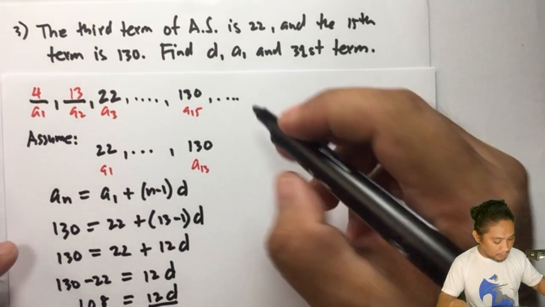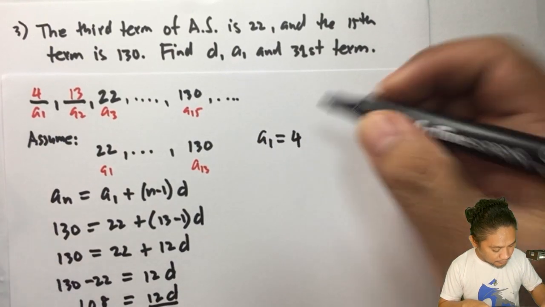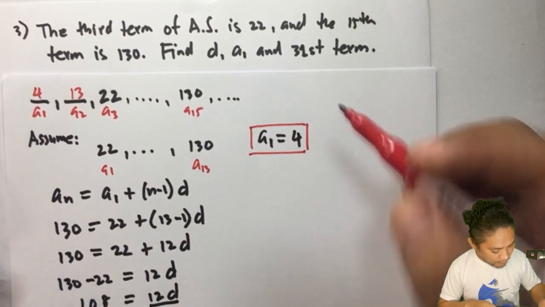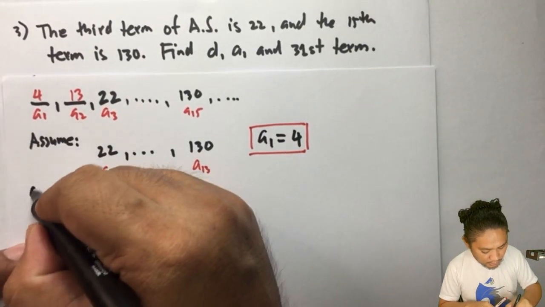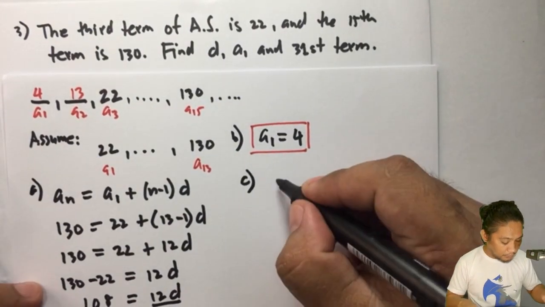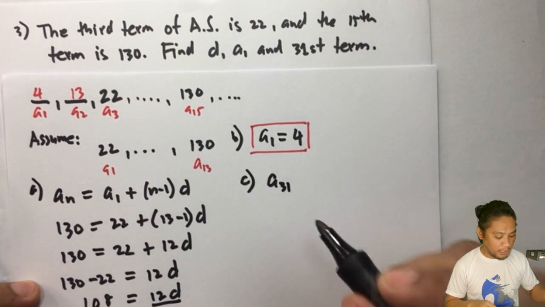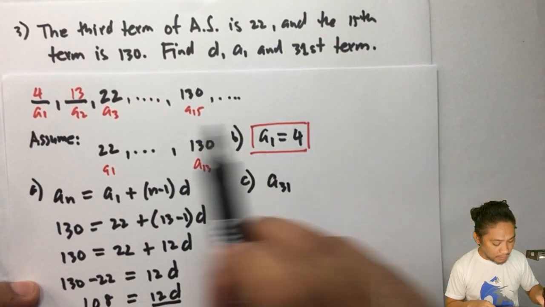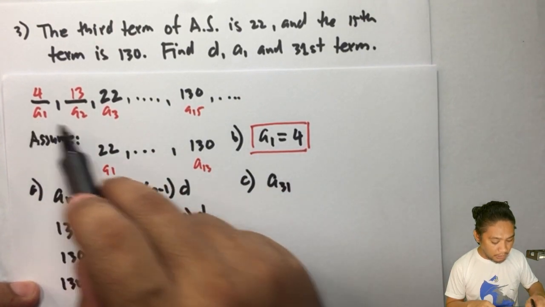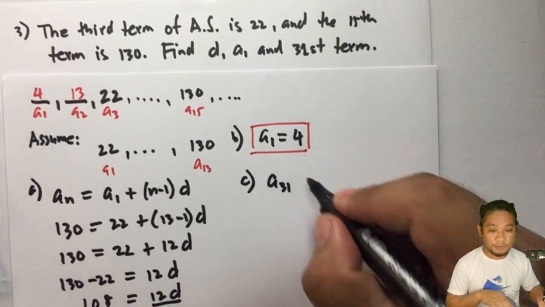Our a sub 1 is equal to 4. The next is our third unknown. We need to find the a sub 31, and in this case, since we now have the a sub 1 and the common difference d, we can use the original sequence to solve for the 31st term.